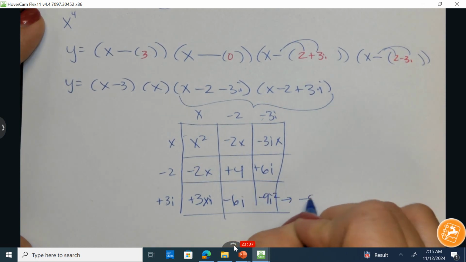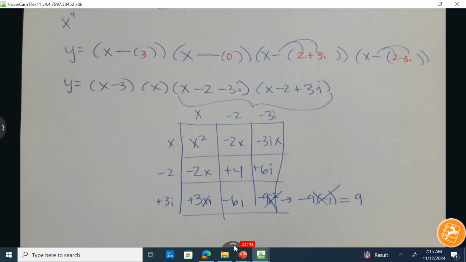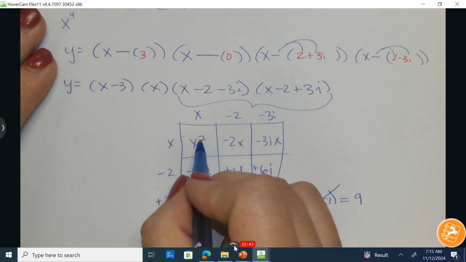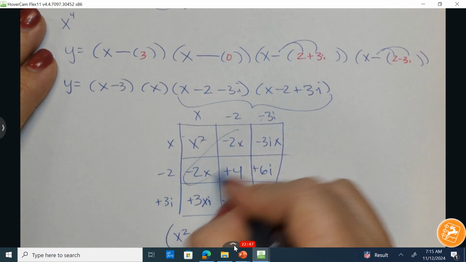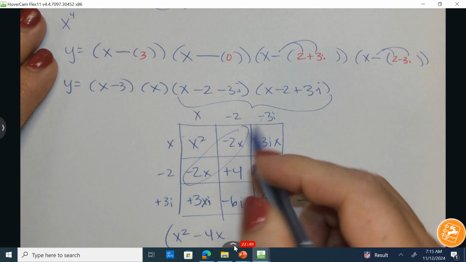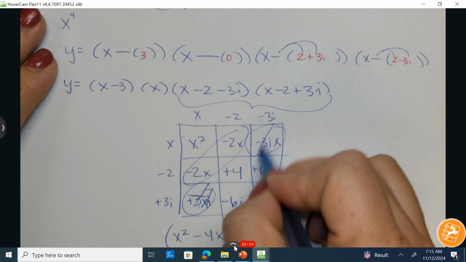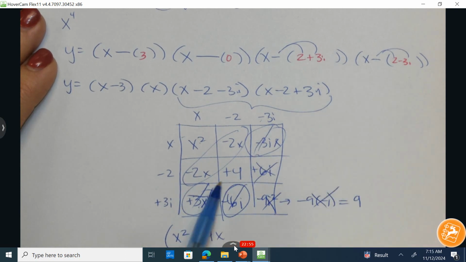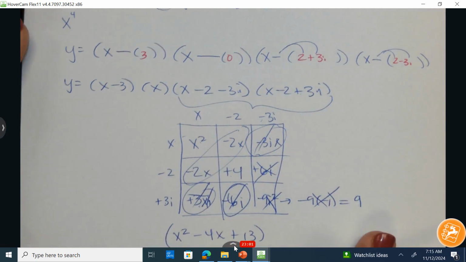Now I know i squared is the same as negative 1. I end up with a positive 9. All right, let's look through this. I have x squared, and then I have subtract 4x. Notice that these are additive inverses right here, so they cancel out, as well as these are additive inverses. 4 plus 9 is 13. That's what I'm able to achieve when I multiply these two factors.